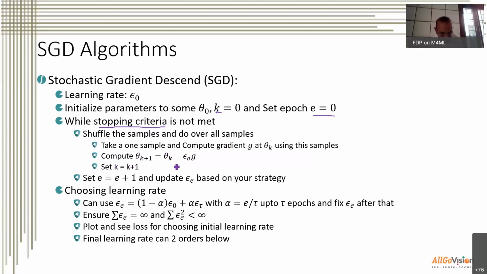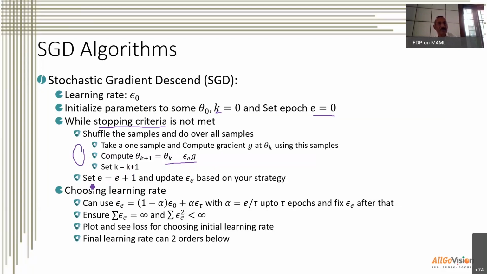You can modify this to use any step size you want, but typically in deep learning stochastic gradient descent, a small fixed step size is used. Then set k equal to k plus 1 and complete one epoch.